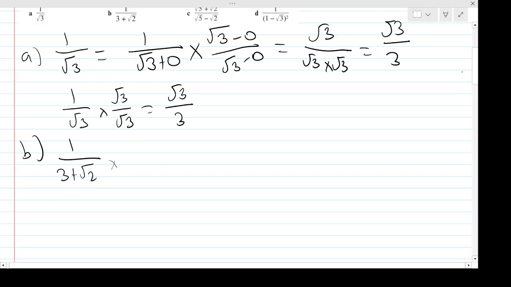But to follow the order, I'm going to do 3 minus root 2 over 3 minus root 2. Now, also bear in mind, it has to be the same number, top and bottom, because that will go to 1. So I'm basically timesing it by 1, which obviously doesn't change it. I'm just scaling the fraction, so it's still the same, but I'm scaling it, right?